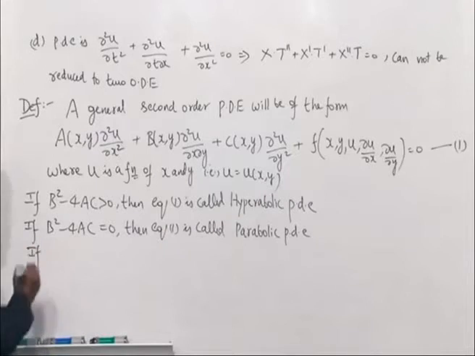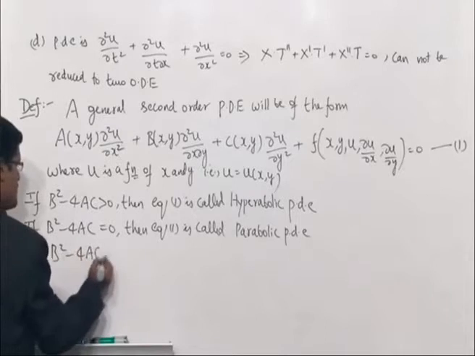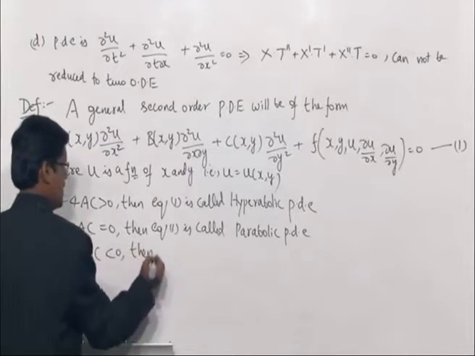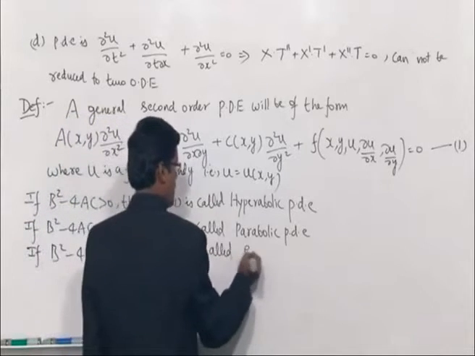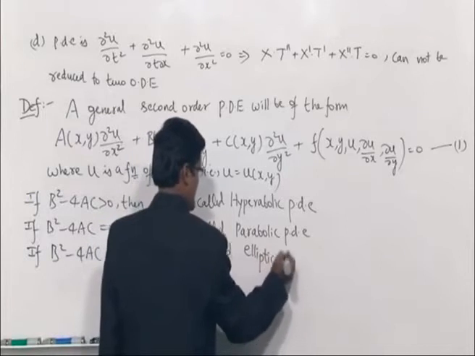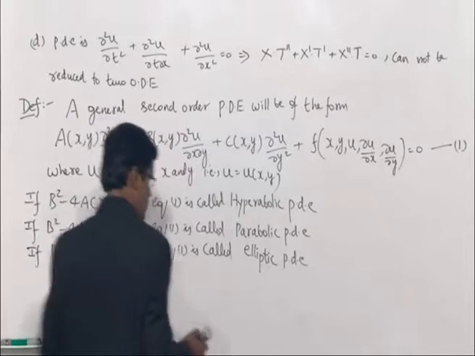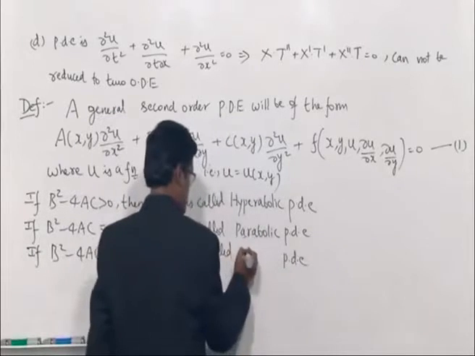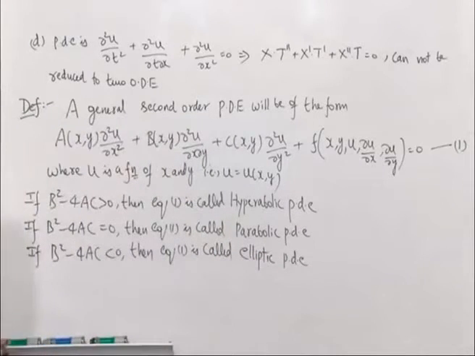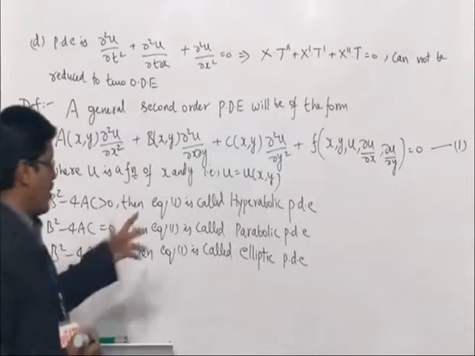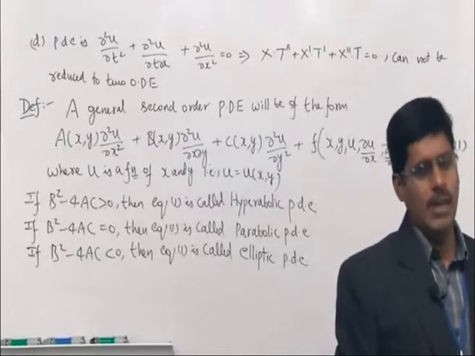If b square minus 4ac less than 0, then equation 1 is called elliptic PDE. So parabolic, hyperbolic, elliptic PDE. Second order hyperbolic PDE, elliptic PDE, parabolic PDE.